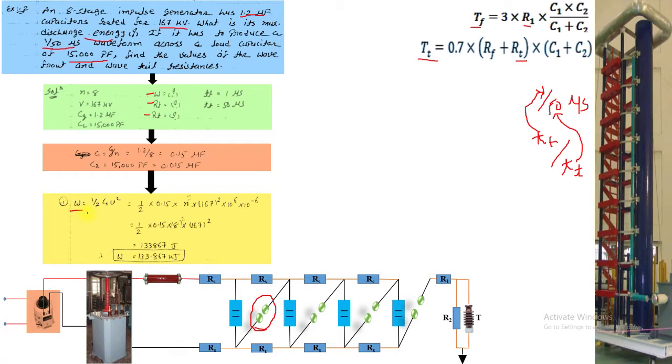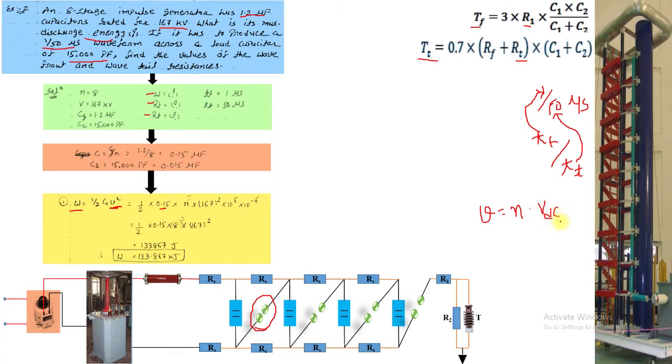Impulse voltage generators can be specified by the gross energy stored, then the nominal output voltage, which equals the charging voltage multiplied by the number of stages, and the equivalent capacitance during the discharging phase. So W is equal to 1/2 C1 V square. So 1 by 2, C1 is 0.15 microfarad, N square. The nominal output voltage V is equal to N into VDC.